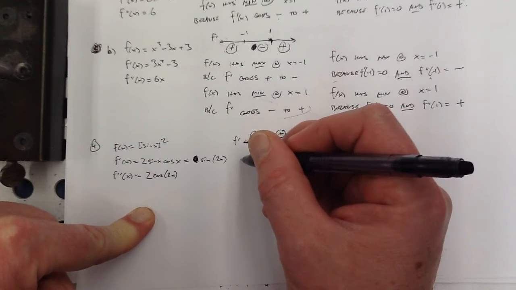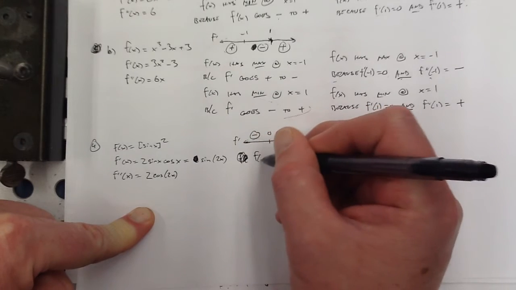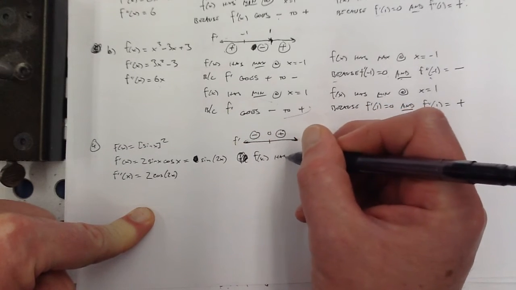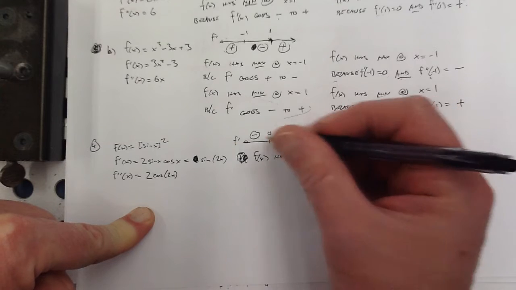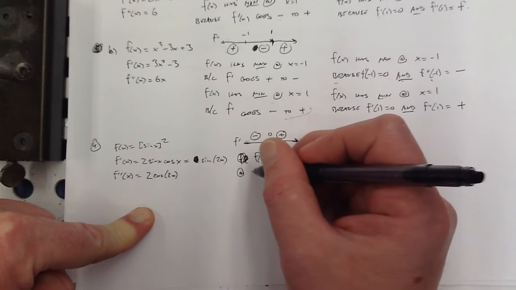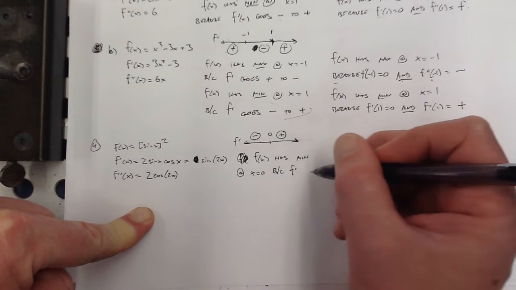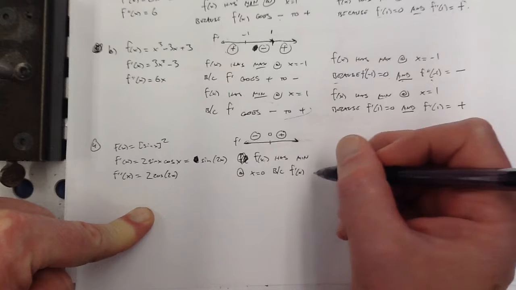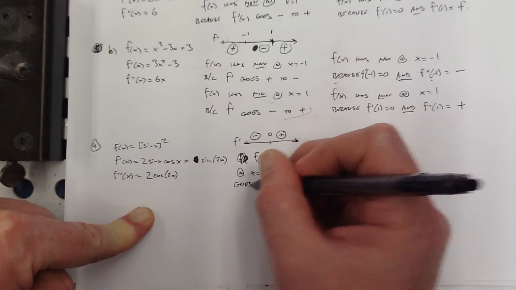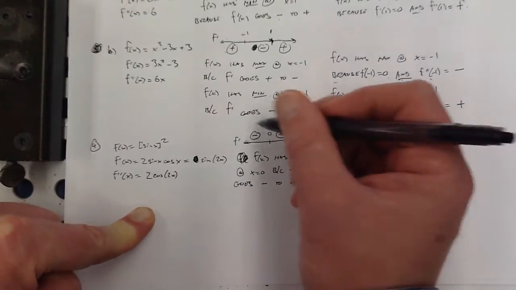So I'm going to say that f of x has a minimum at x equals 0 because f prime of x goes from negative to positive.